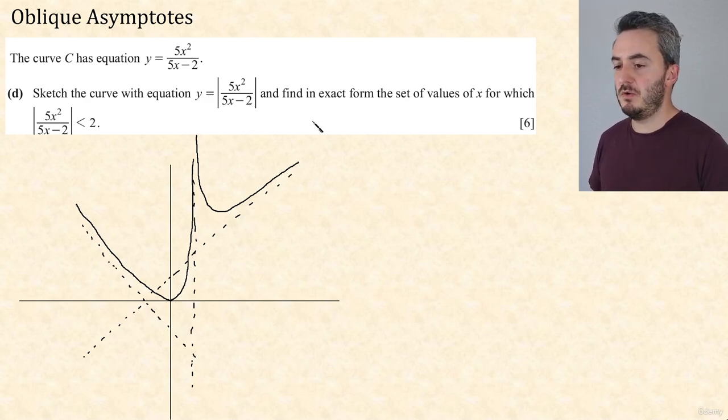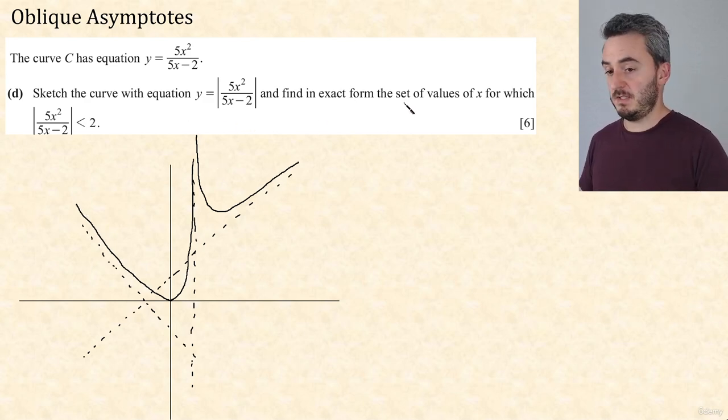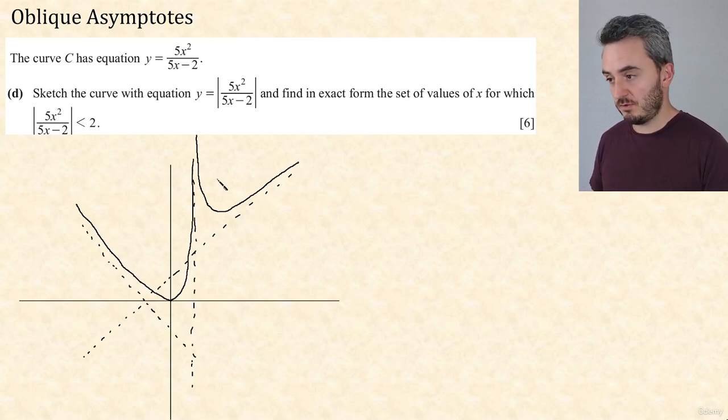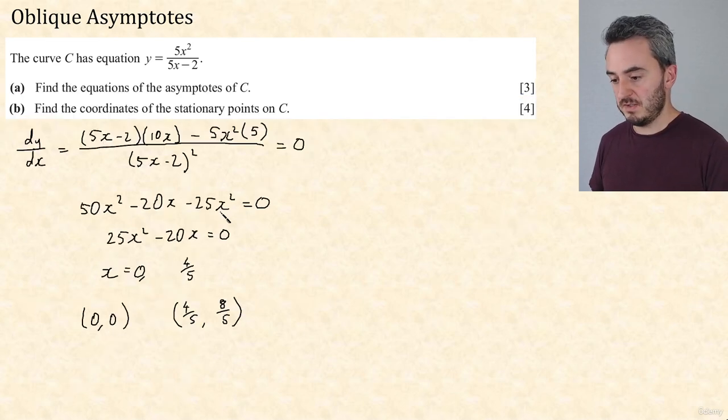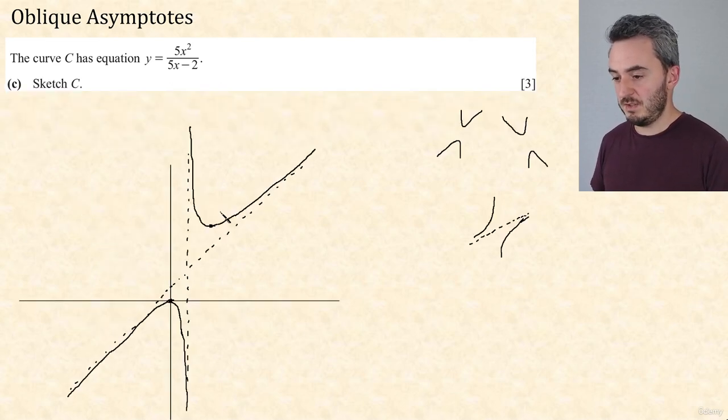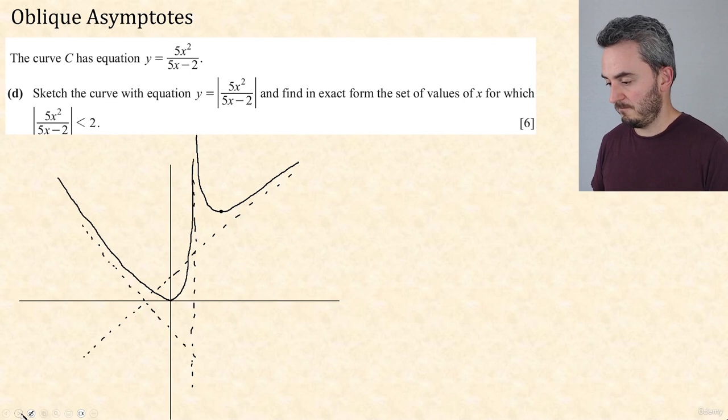Now we need to know the exact set of values for which this graph is less than 2. Okay, well, there's quite a lot going on there because we worked out that this stationary point, if we go back a couple of pages, was 8/5, which is less than 2. So 2 is above that point.